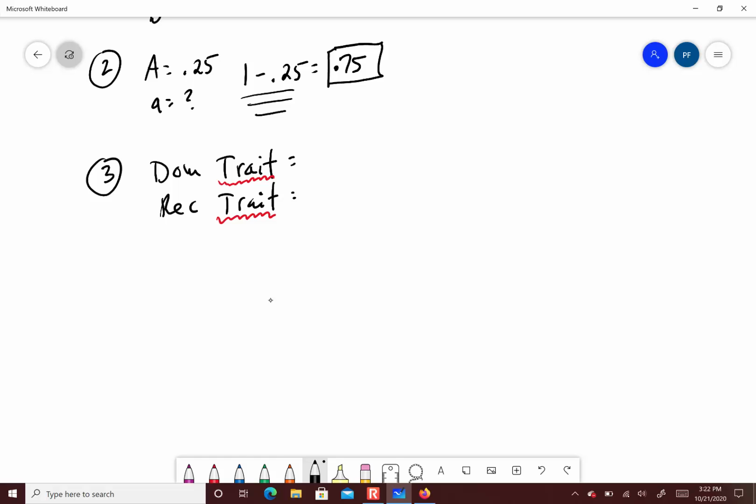So let's go with the idea of if we have 50 individuals that are dominant and 50 that are recessive. So the entire population is 100 individuals. We can figure out frequencies just from knowing these two numbers: how many have the dominant, how many have the recessive.